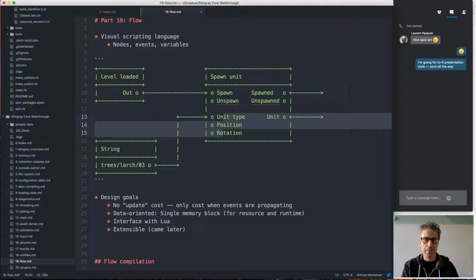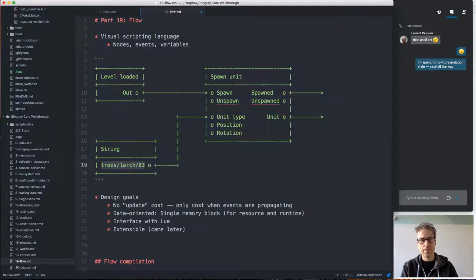Then we have variables. These variables or arguments or parameters or whatever we call them are used to control what this node does. And this spawn unit has unit type, position, and rotation. Unit type is the type of unit that will be spawned, and it's connected to a node that supplies a string that specifies that we're spawning a unit called large.